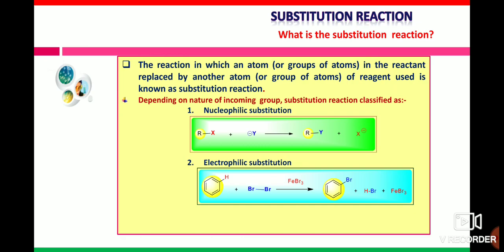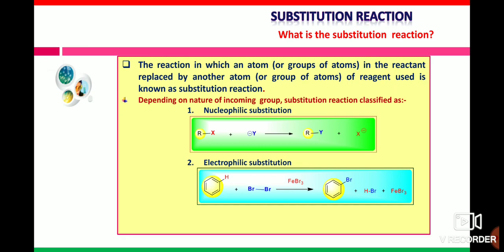This is known as electrophilic substitution reaction. At sp3 carbon or aliphatic carbon, electrophilic substitution is very rare or not generally observed, but in aromatic compounds, electrophilic substitution reactions occur easily.